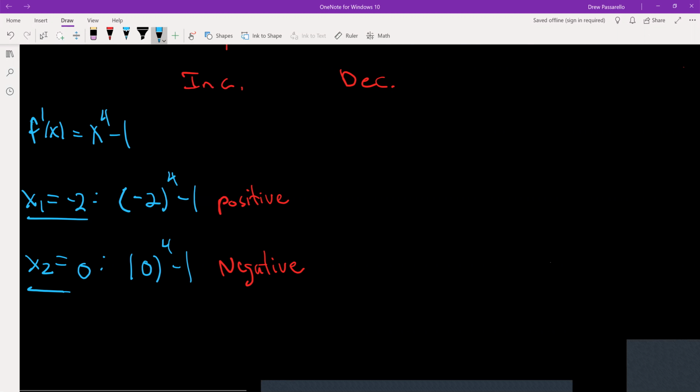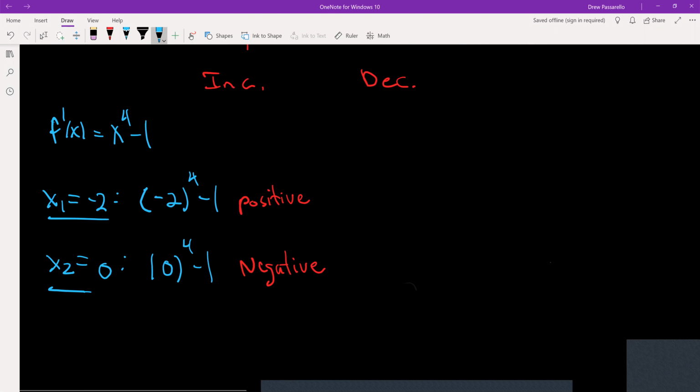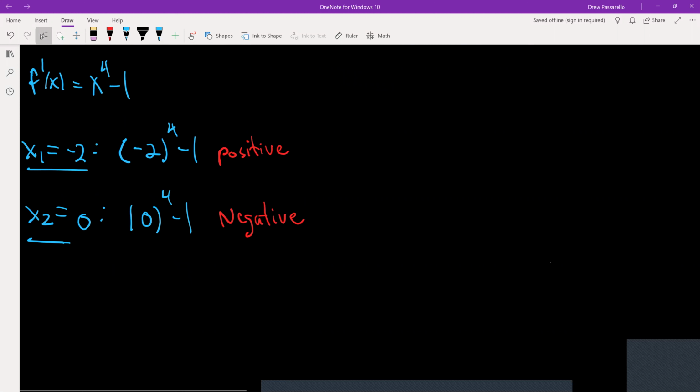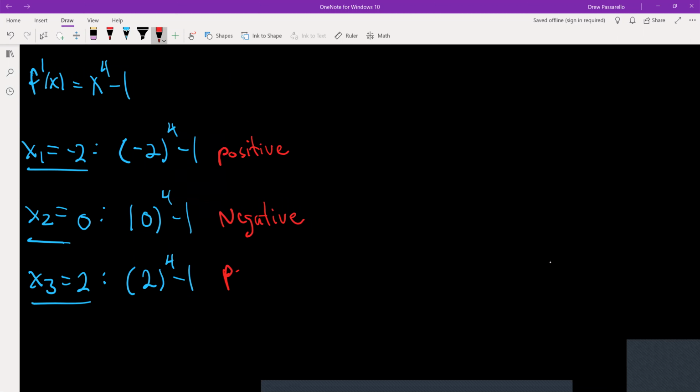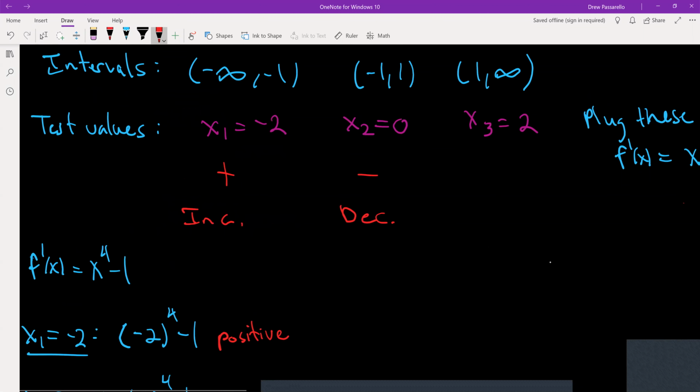You get 2 to the fourth is 16 minus 1 is positive 15. So that's positive, so I'll put positive here, and then INC for increasing.